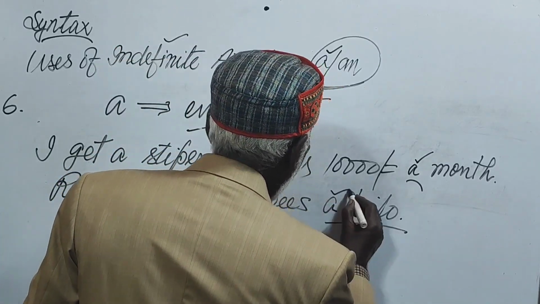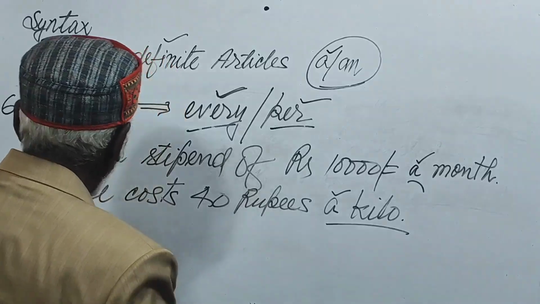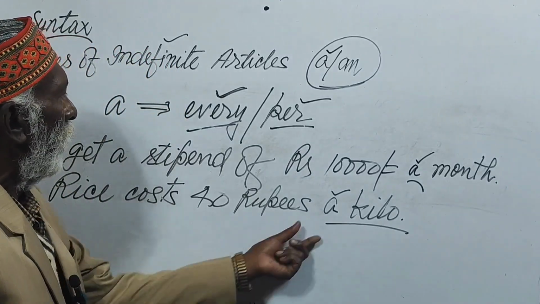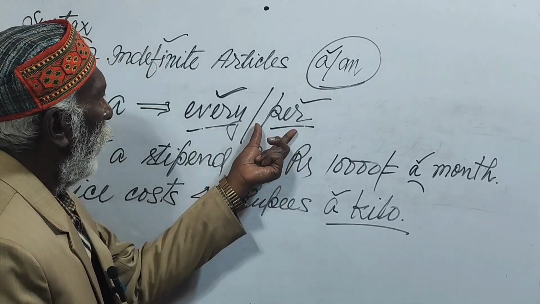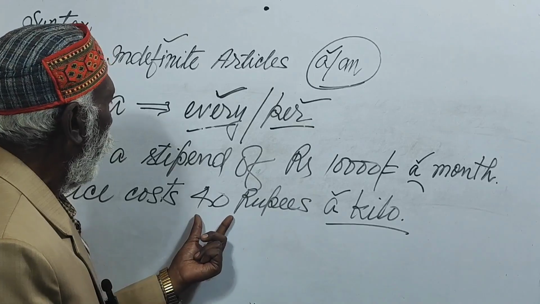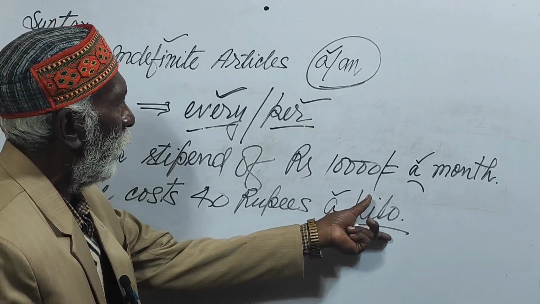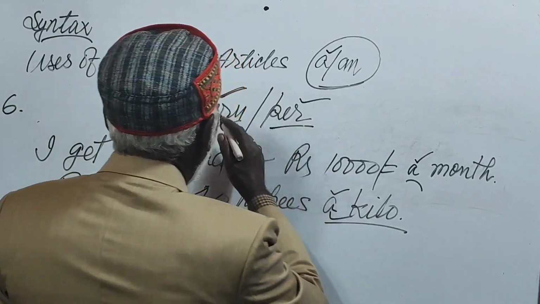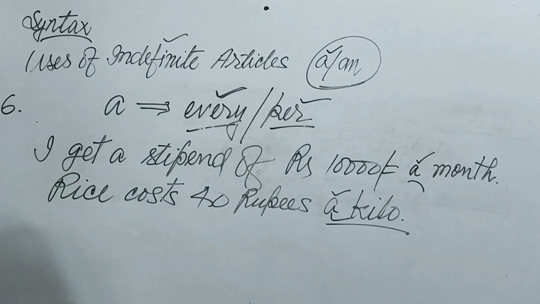A kilo, a means every kilo; rice costs 40 rupees per kilo. A means per, a means every, it refers to per or every.